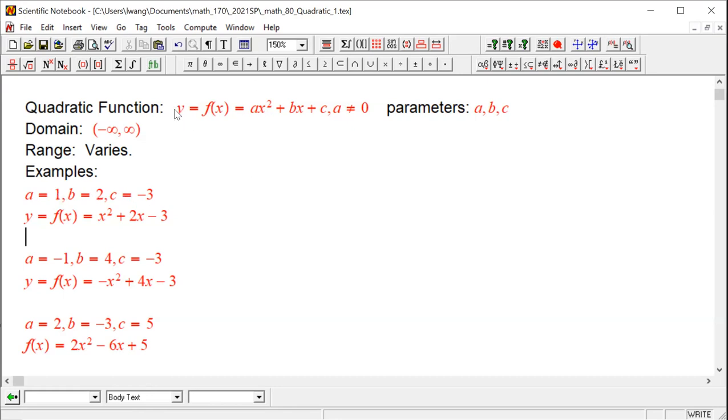For example, as a quadratic function in general form, suppose A is 1, B is 2, C is -3. We call these three quantities parameters. When these three parameters are given, we have a quadratic function.